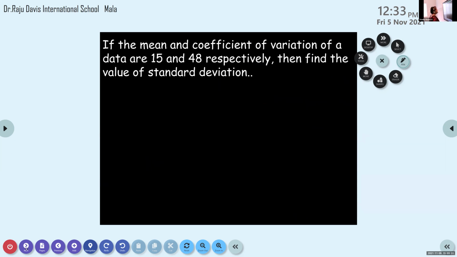Next question. Here, the mean and coefficient of variation of data are 15 and 48. See here what they have given. Coefficient of variation is given. Mean is given. What do you have to find? That is the standard deviation. So CV is equal to sigma divided by x bar into 100.